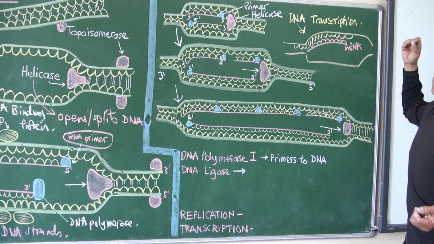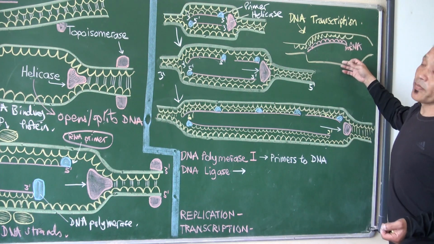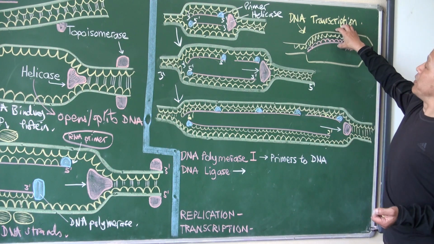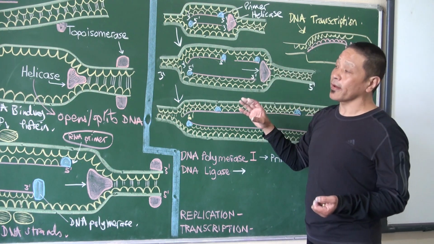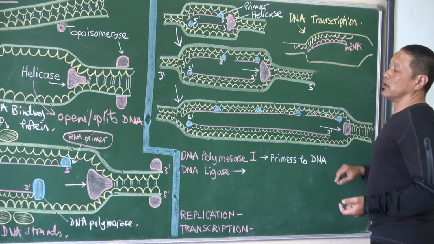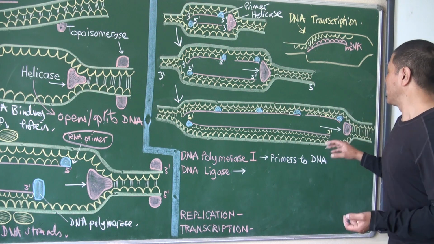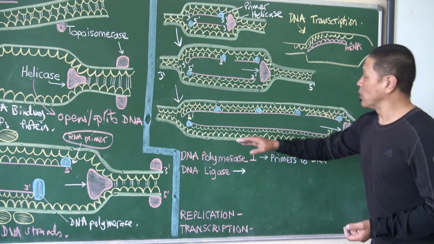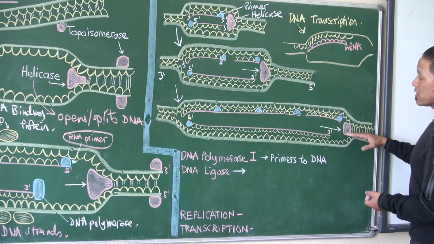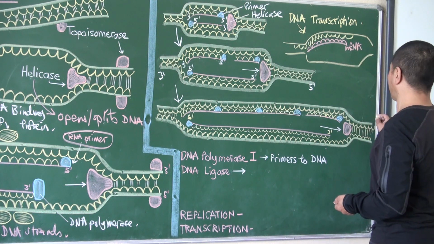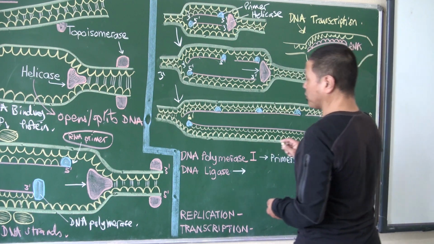So this is your non-template and this one is your template strand. But in the case of replication, where the whole DNA needs to be copied, it has to copy both the strands. So in this case, as it moves down towards the right, one strand is being copied continuously, the other strand is not, because it runs from 5' to 3'.